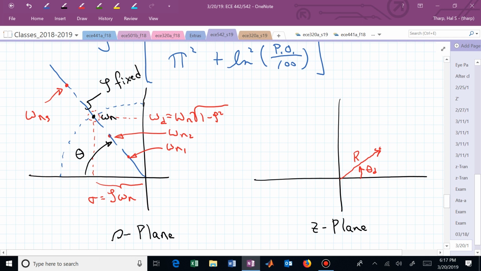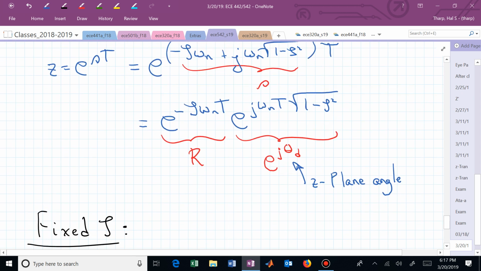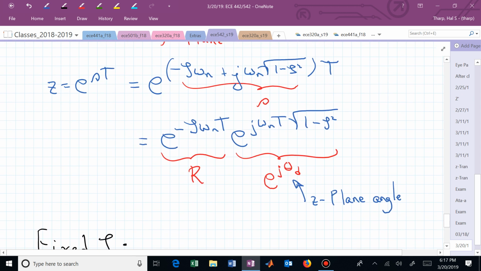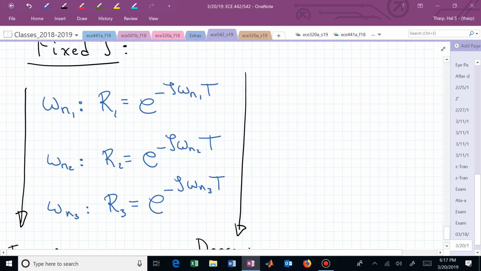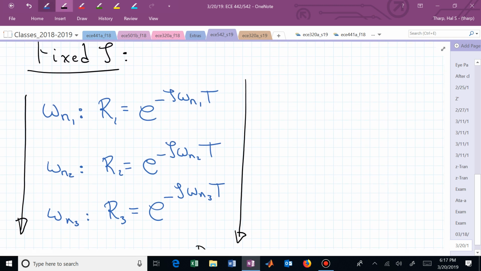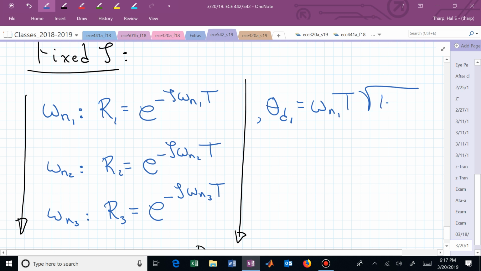All right, but it's not just R that's impacted in our z-plane plot or z-plane point when we change omega sub n. It also influences theta sub d, because theta sub d is a function of omega sub n. So let's look at that. Theta sub d sub 1 is omega sub n sub 1 t square root of 1 minus zeta squared.